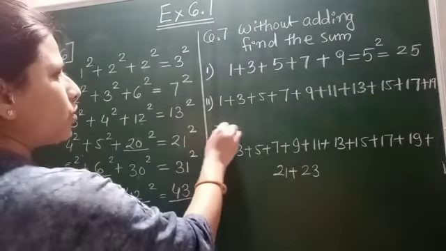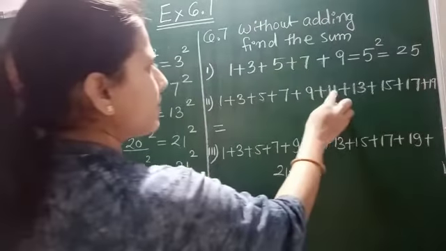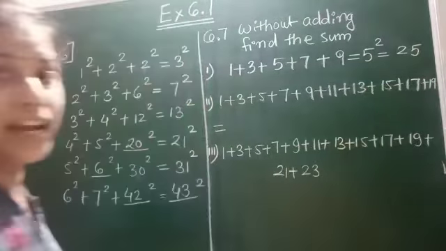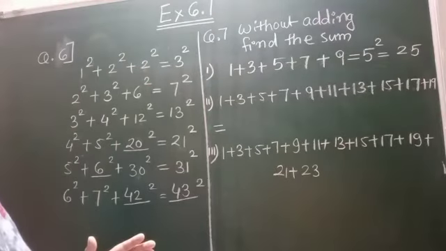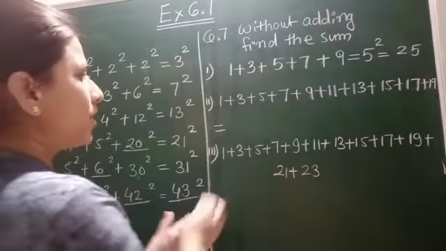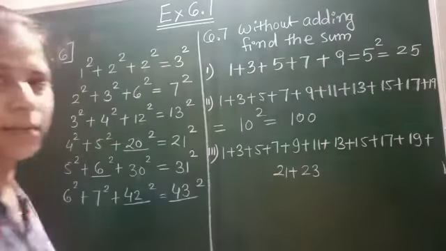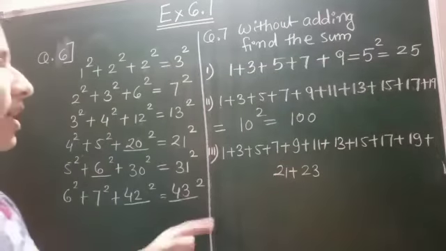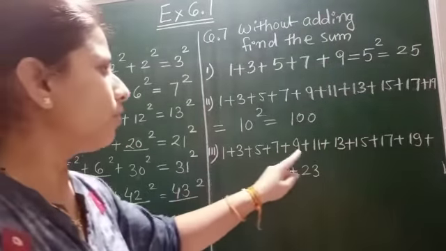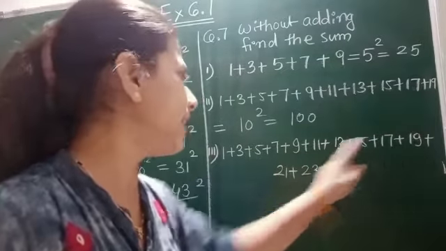Now in the next question, 1 2 3 4 5 6 7 8 9 10. There are 10 consecutive odd numbers. We have to add this, so directly we can write 10 square, and the addition will be 10 square, it means 100. Okay, similarly 1 2 3 4 5 6 7 8 9 10 11 and 12.